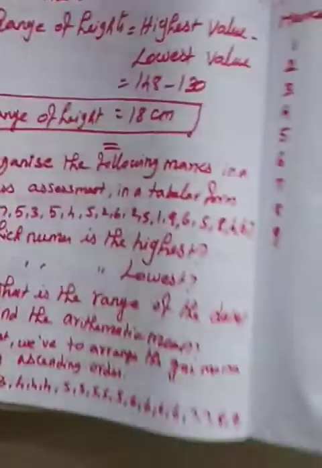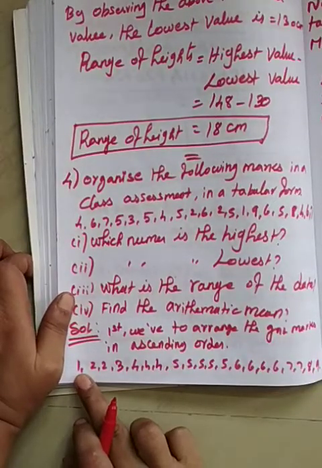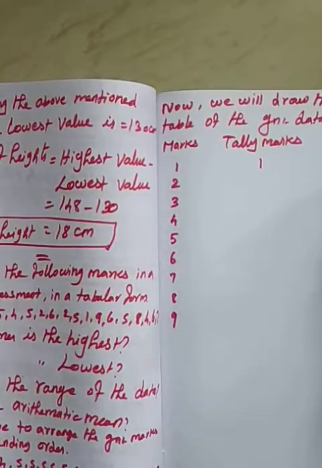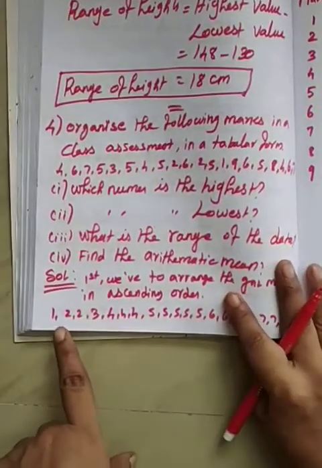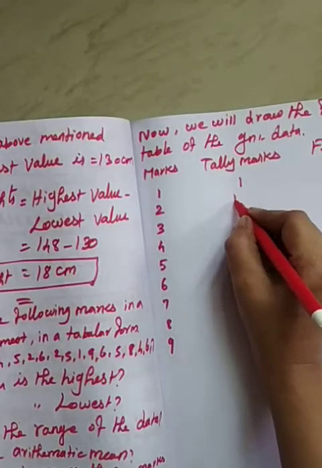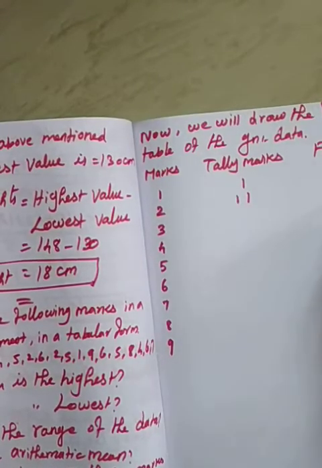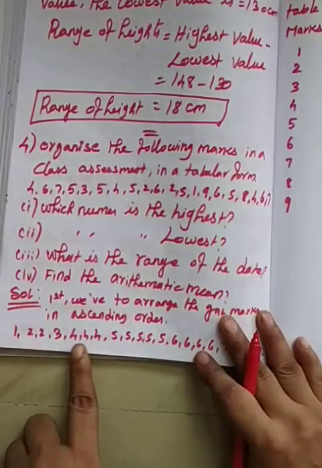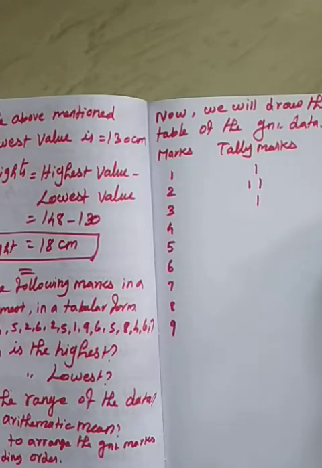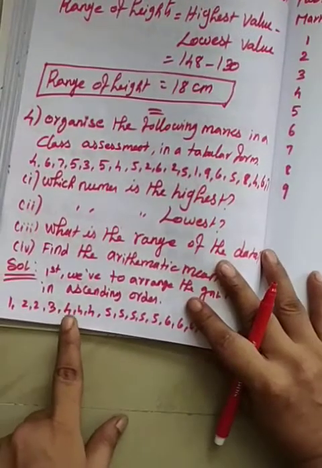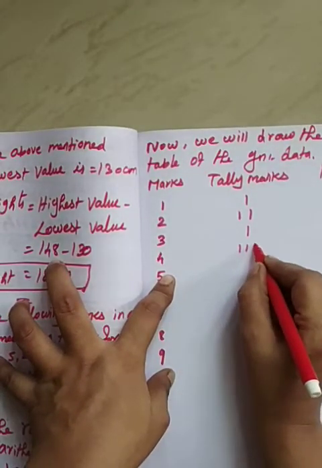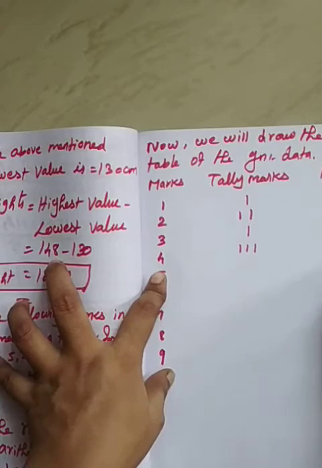The tally marks is nothing but, see here, how many times will 1 appear? 1 time, so you have to put 1. Frequency counting, so 1. Next, how many times will 2 appear? 2 times, so tally marks you have to put 2. The counting is 2. Next 3, how many times? 1 time, so you have to write 1. And then 4, 3 times, so the tally marks is 1 2 3. So the frequency is 3.